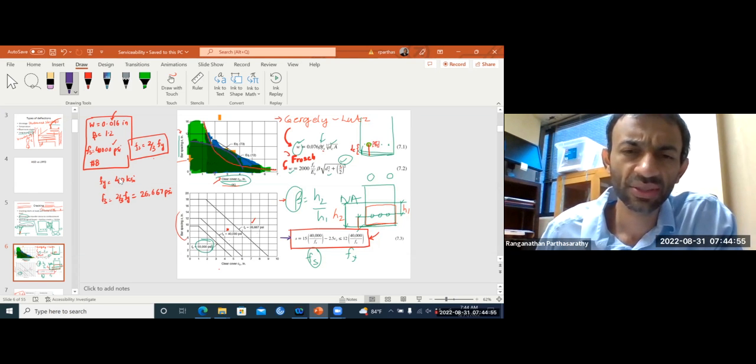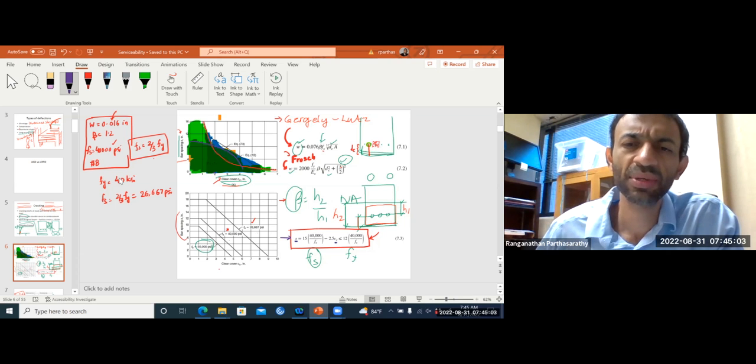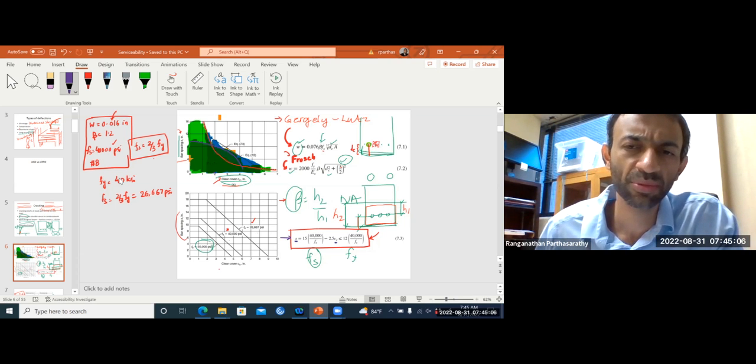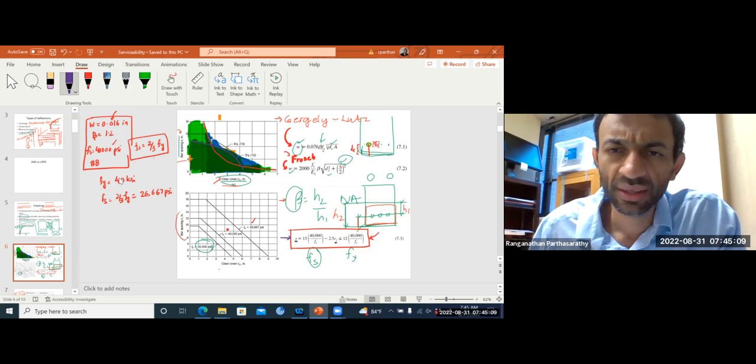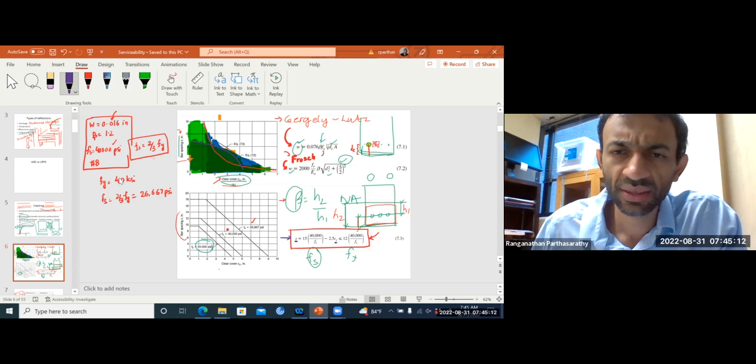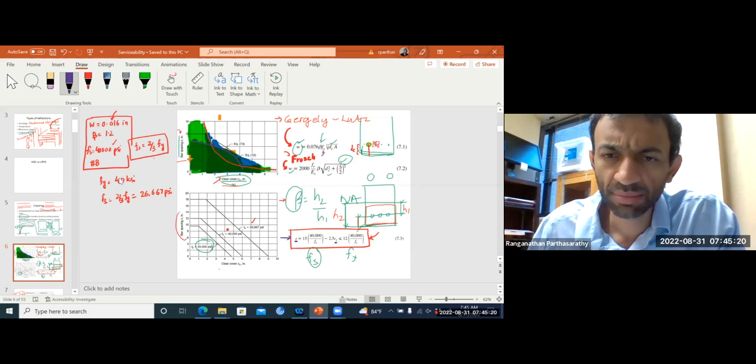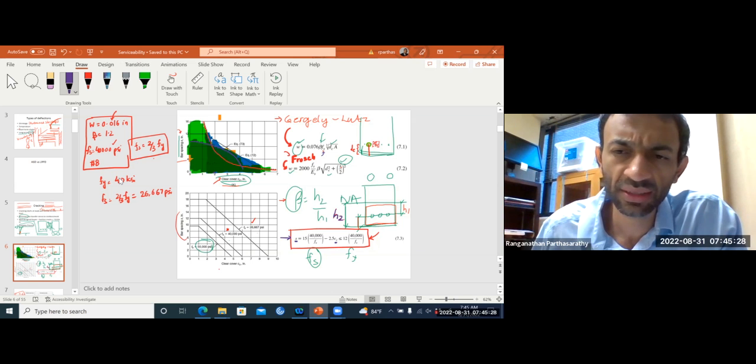This basically tells you that depending on your clear cover, you need to have a certain maximum spacing. You cannot go above that. This is your maximum spacing required. The main parameters here are the stress at service loads in the tension steel, that's fs, and beta, which is the ratio of h2 to h1, what you see here. h2 is the distance from the tension face to the neutral axis. h1 is the distance from the centroid of the rebars to the neutral axis.